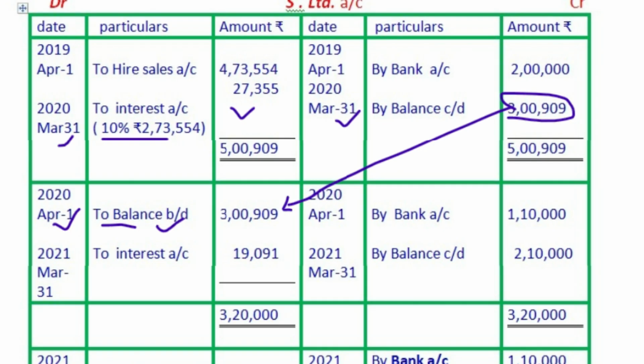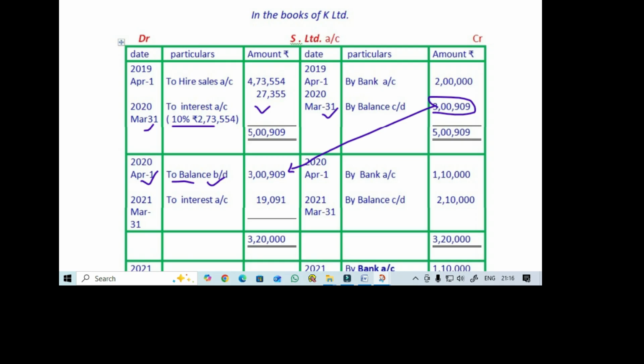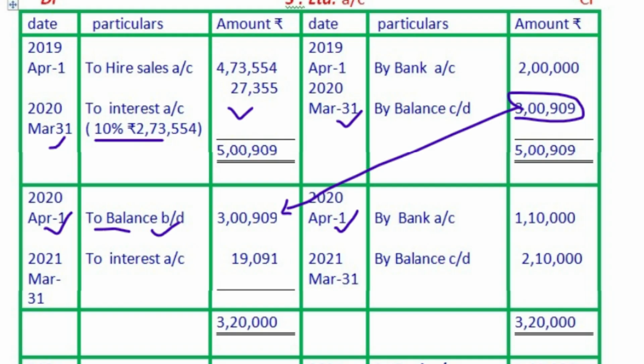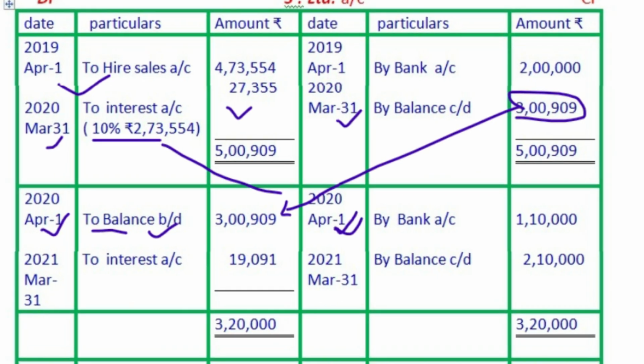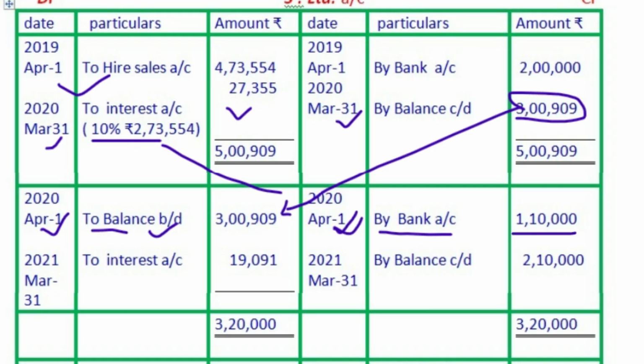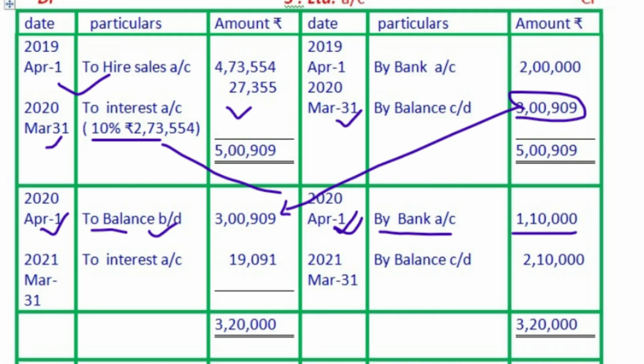Now it is given in the question that the first installment is due on 1st April of next year. So this year's installment amount will be paid on the first day of next year, by bank account 1,10,000. This I already explained in the K Limited account when it was prepared by S Limited.